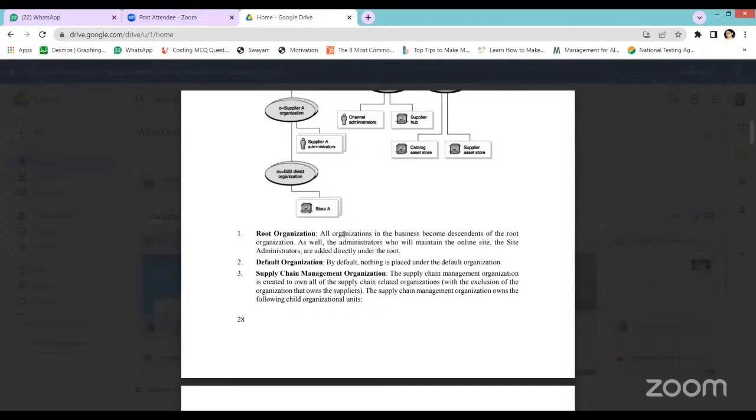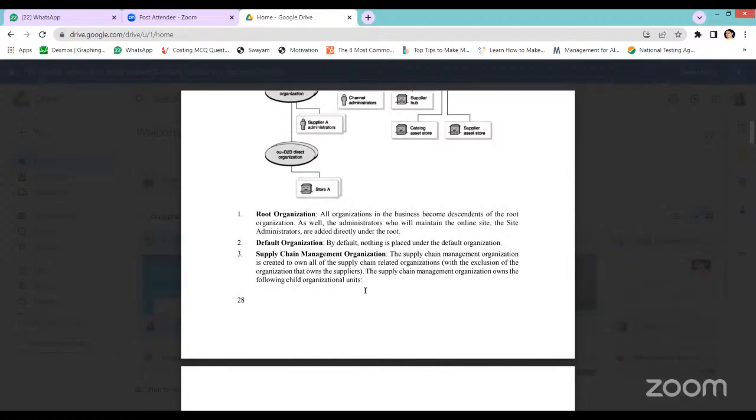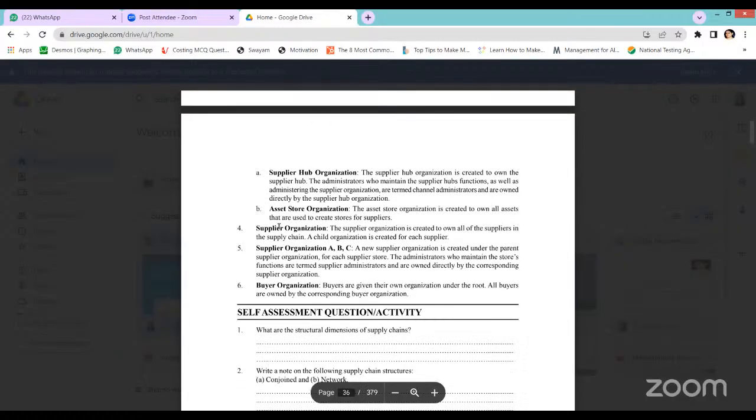So let us understand the organizations: the root organization and the default organization. Supply chain management organization means it owns all of the supply chain related to the organization. So this is another important topic. By relating this explanation with the provided diagram, you can easily write about this topic.